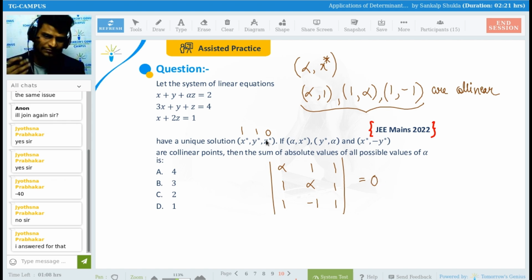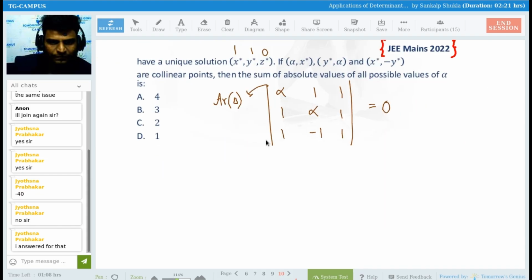Because if 3 points are collinear, that clearly means they are not forming a triangle, and if the triangle is not formed by these points, that means the area of the triangle is 0. And we have applied the formula of area of triangle. So in order to check the collinearity, we have to put the area equal to 0. Now we can solve this and then we will be finding the value of alpha.